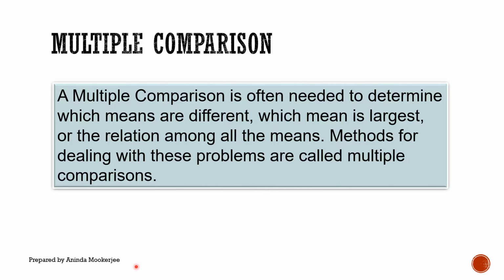So again, what is a multiple comparison? A multiple comparison is often needed to determine which means are different, which mean is largest, or the relation among all the means. Methods for dealing with these problems are called multiple comparison, and the method we just learned is the Tukey multiple comparison method that we are using in order to figure out the differences.